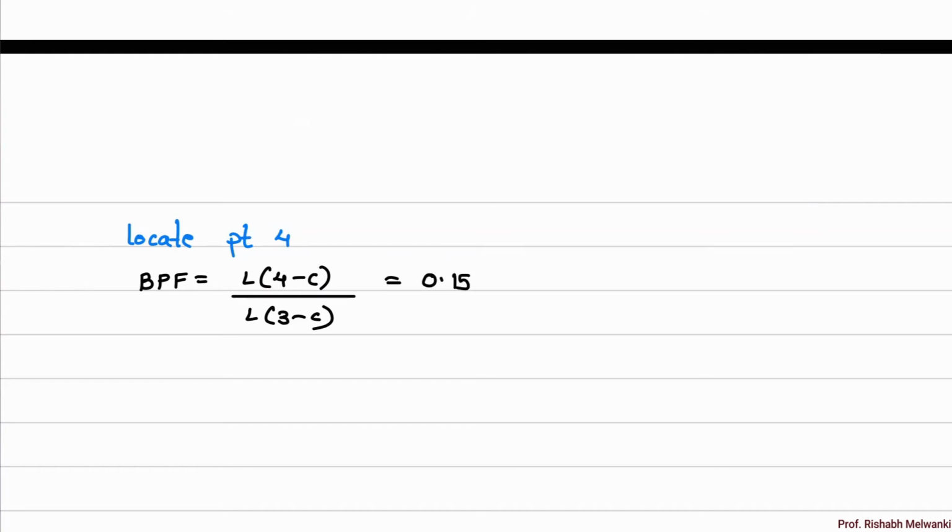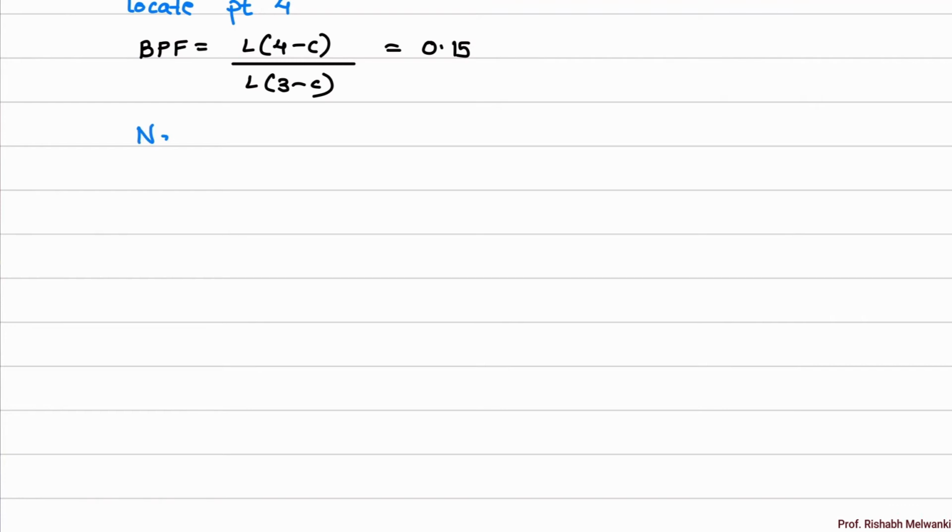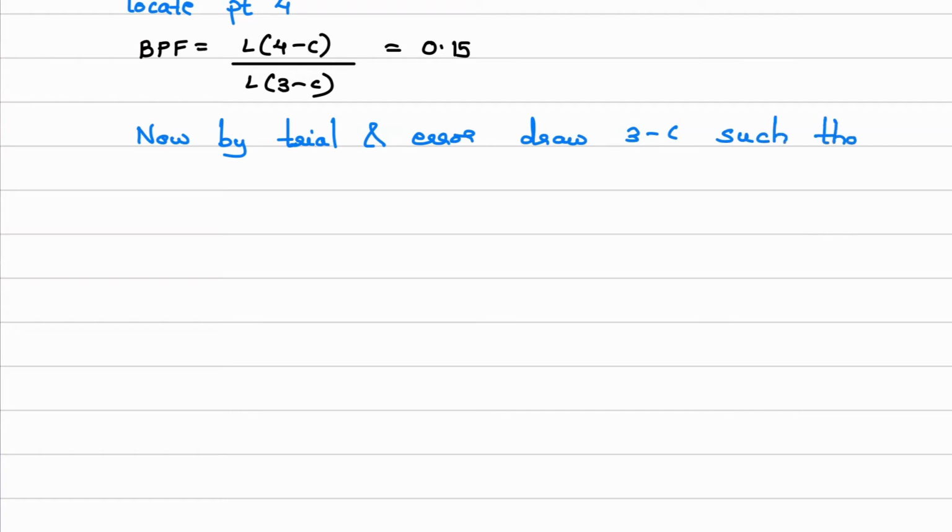Now what procedure do you have to follow? By trial and error, draw 3C such that the bypass factor is equal to 0.15. So this will be an iterative method.